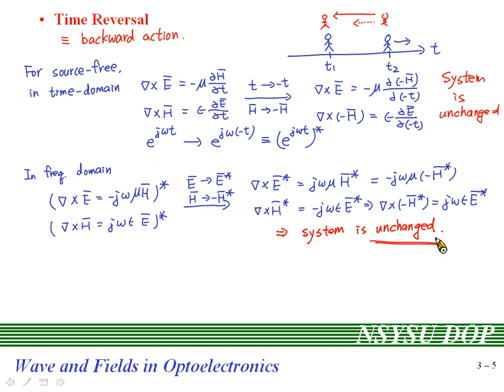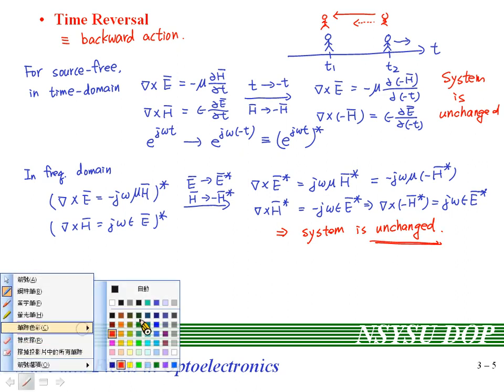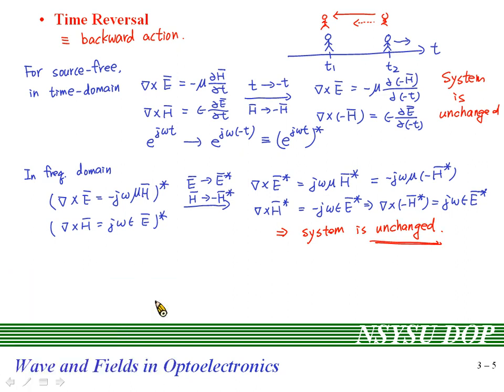So in the frequency domain, this means that if you take the conjugate of the system, the characteristics of this system are unchanged. Let's see what it means to take the conjugate. In the frequency domain, the E field and the H field are both proportional to exponential minus jkz.